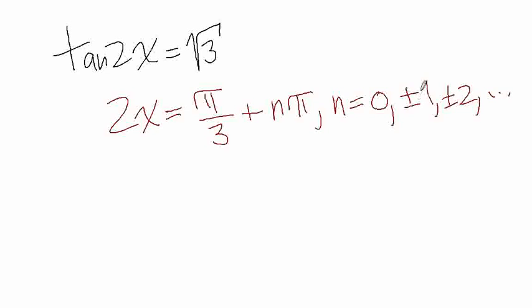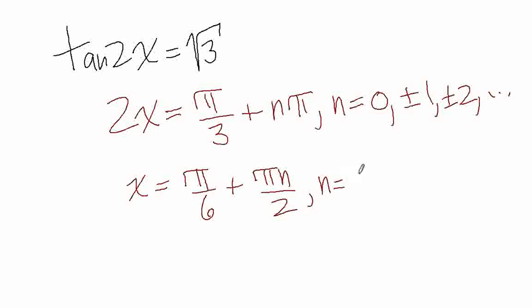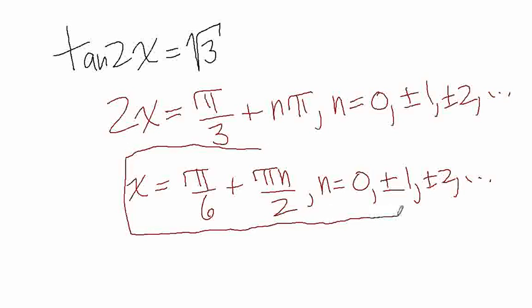Okay, and so now let's divide both sides of the equation by 2. And there is our final solution set. x equals pi over 6 plus pi n over 2 for some integer n.